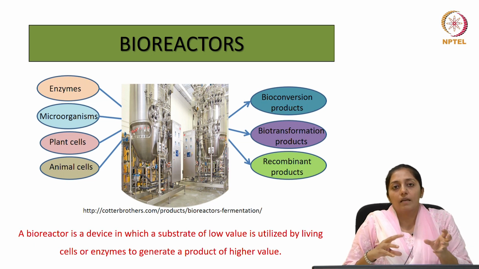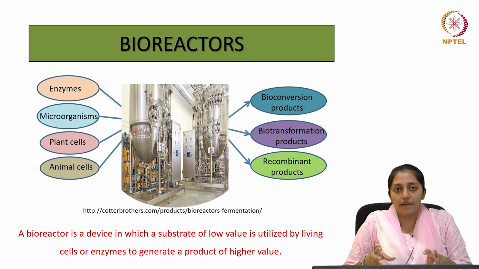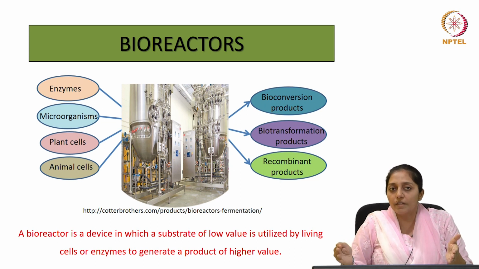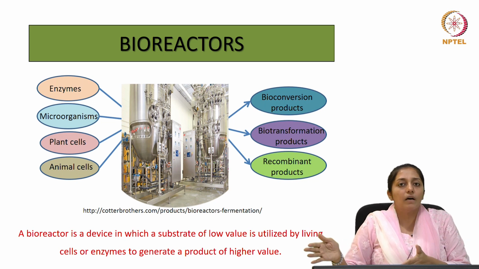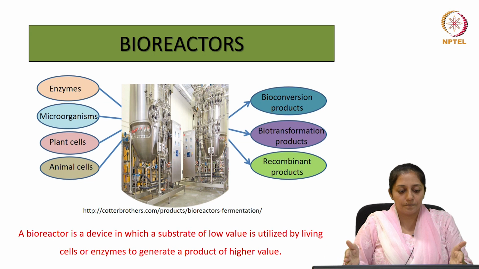So when a substrate is exposed to the organism, the organism uses the substrate, and the substrate undergoes a series of reactions which are not inherent to the organism's metabolism but are operational due to the genetic intervention done inside the organism, and results in high value products. So those are called recombinant products.